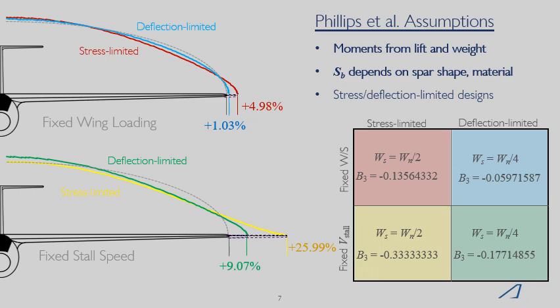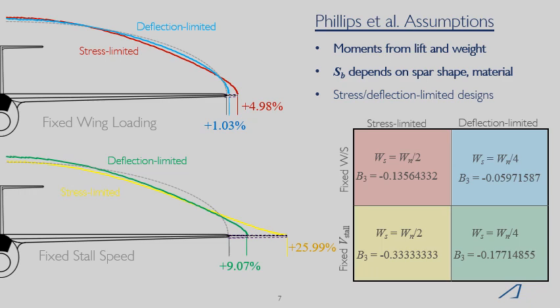Here I have shown optimum lift distributions for stress and deflection limited designs of wings with fixed wing loading or fixed fall speed. You can see that each is different from the other. However, all are part of the same family of lift distributions that only differ in the third Fourier coefficient.